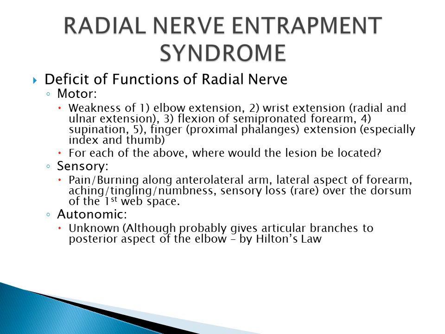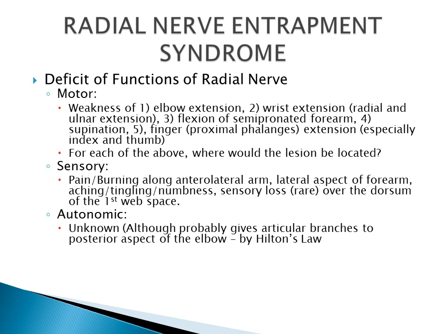And let me say that again. Hilton's law states that the innervation of joints is not well mapped out and is not well established. But it's generally assumed that joints are innervated by the same nerve as the muscles that move that joint.